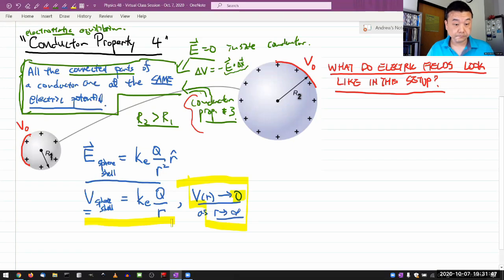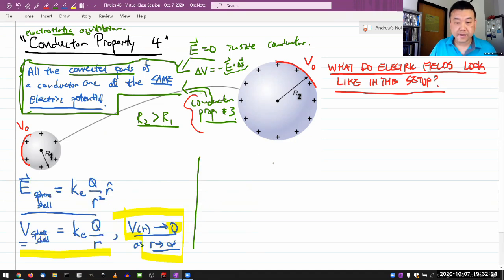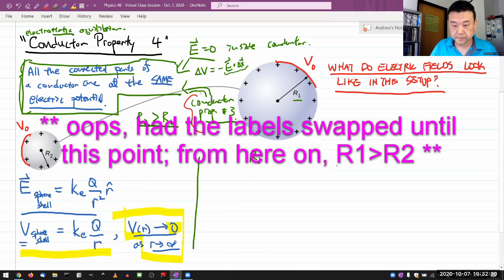So okay, I think now I have everything here. So this is the set of expressions I can write down. Let me try to organize my expressions in terms of ones that relate to the larger sphere, the R1 sphere, and the expressions that relate to the smaller sphere, the R2 sphere.